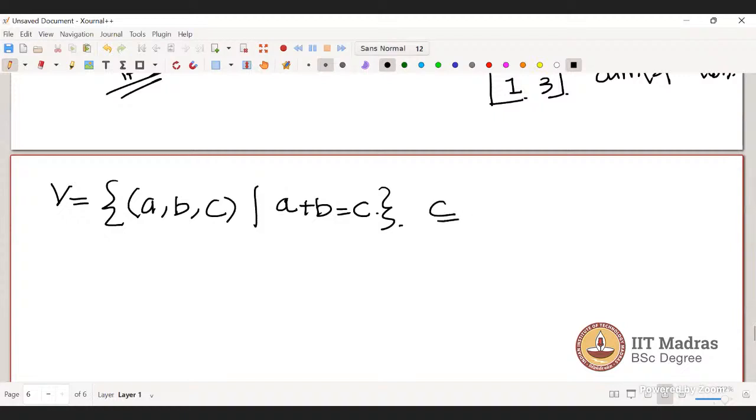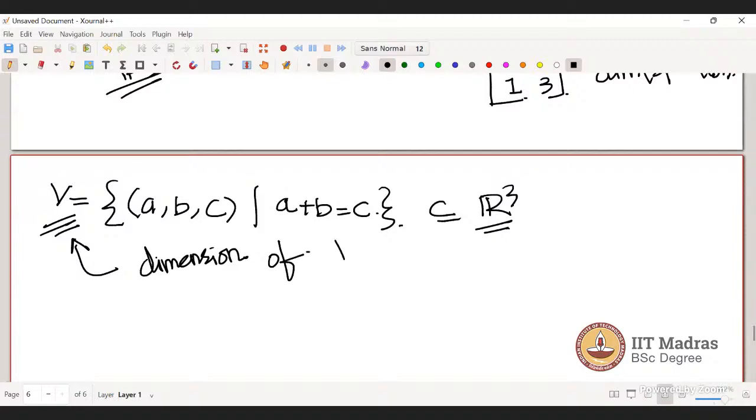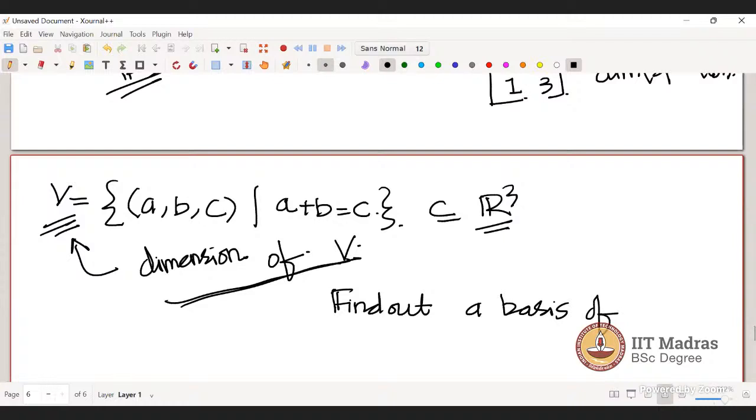This is a subspace of R3, and I want to know the dimension of V. To know the dimension of V, I have to find a basis of V.